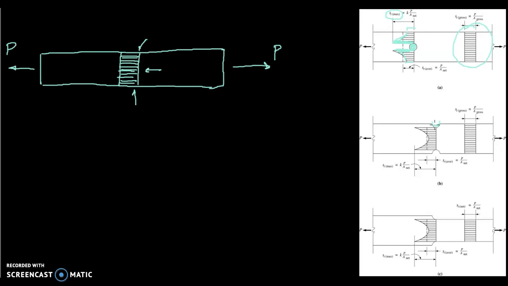If we were to cut some semicircular grooves in either side, we would see something similar happen. Where we have interrupted the cross-section, we now see a spike in stress levels, and we see this parabola here where there's a minimum amount of stress in the center and maximum stress levels near the semicircular grooves.